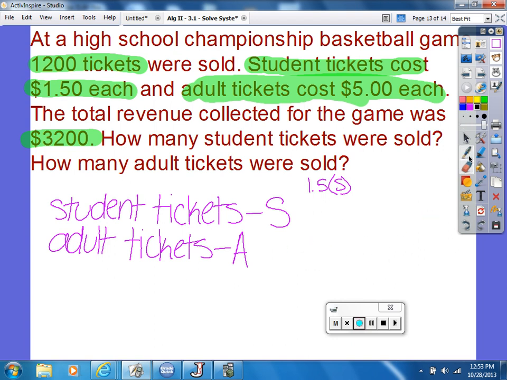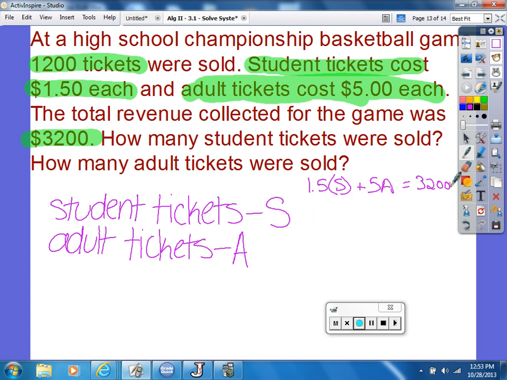Jake. How about 3 halves? Because this is 1.5. That would work. Okay. And plus 5A equals 3,200. Raise your hand if you had that equation.